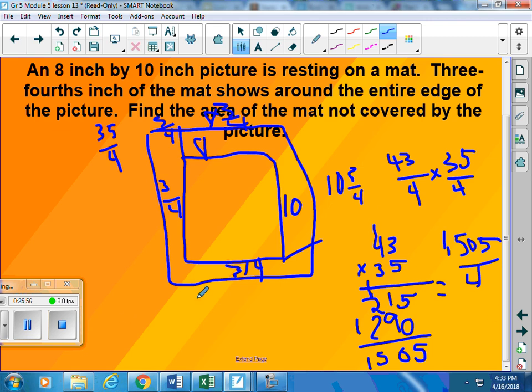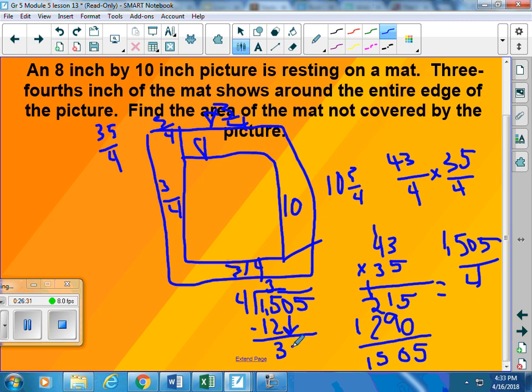Okay, so let's take and divide. How many times does 4 go into 1,505? All right, well, if I have one block, I cannot make a group of 4. If I have 15 blocks, whoops, erase that, I can make 3 groups of 4, and I would use 12 blocks. Okay? I would have 3 blocks left over out of those 15.